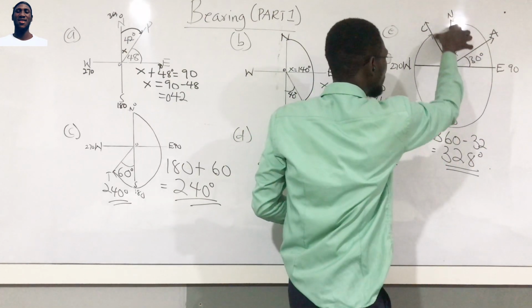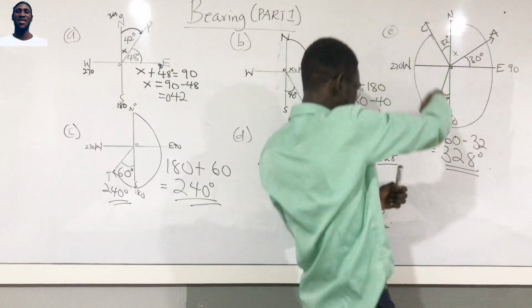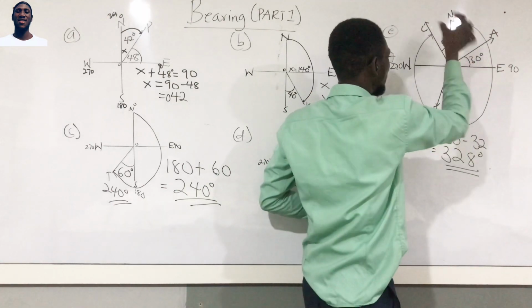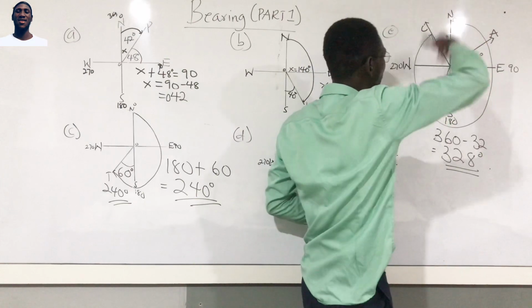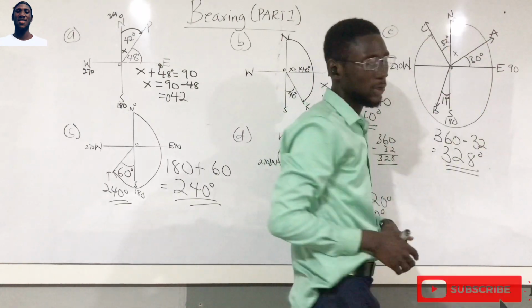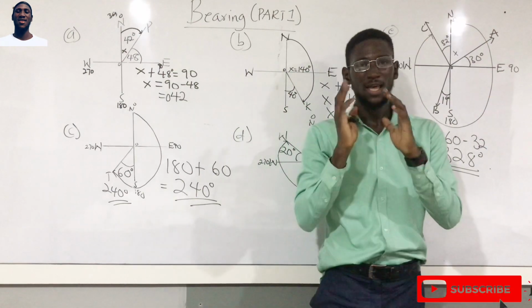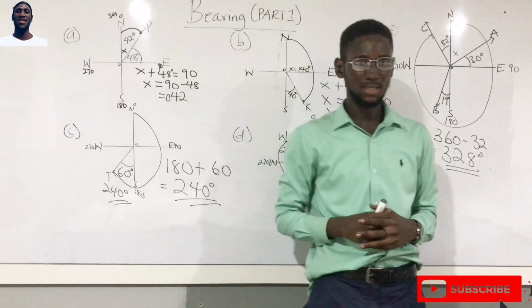We have a portion being 32. So if you want to find the rest, we subtract 32 from 360. It gives me 328.